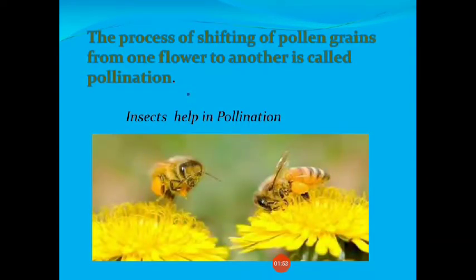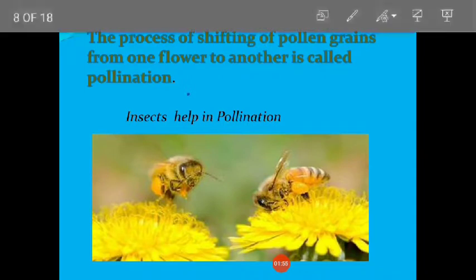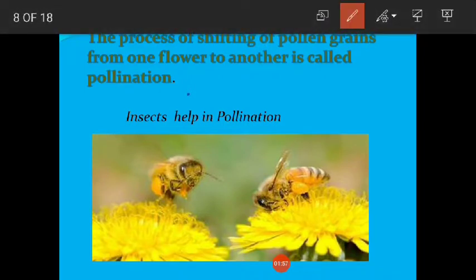Insects help in pollination. So what do you mean by the term pollen grains? Actually, pollen grains are small grains present on the flowers that help to form the seed later on plants.